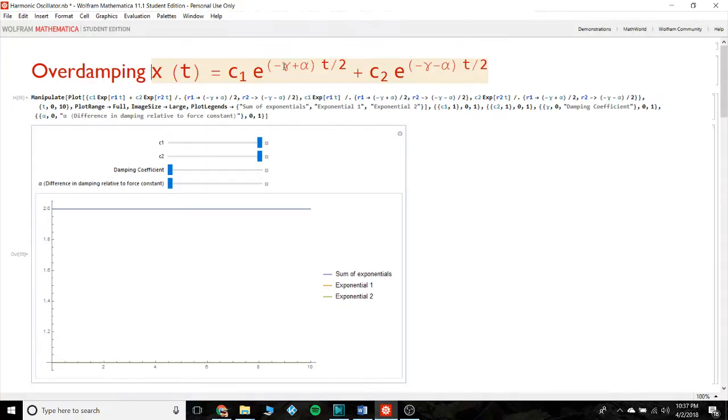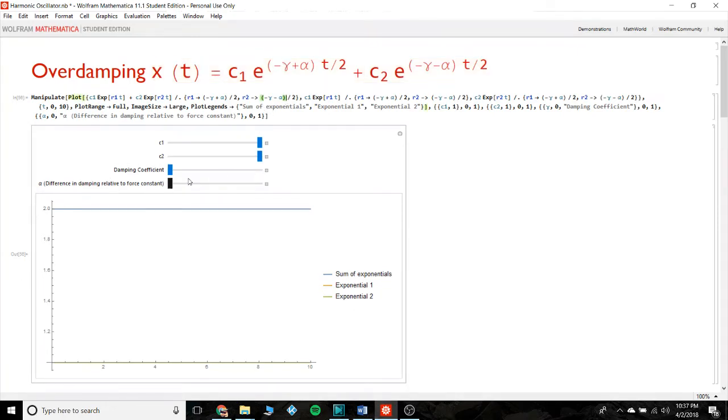But it's still the case where the square of the damping coefficient is greater than omega squared.